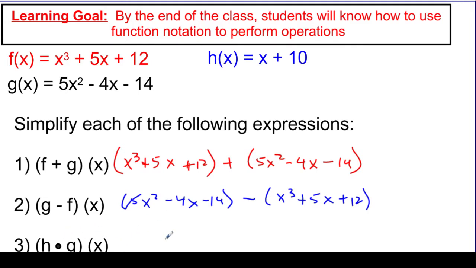And h times g, I'm going to say h is x plus 10 times g, which is 5x squared minus 4x minus 14. So all I'm asking you to do is the same thing, but I'm asking it a little differently. We're asking it with function notation instead of writing out f and g and h every single time.